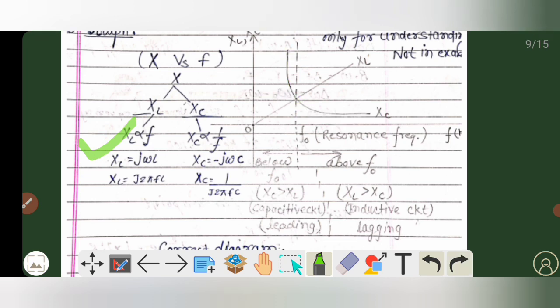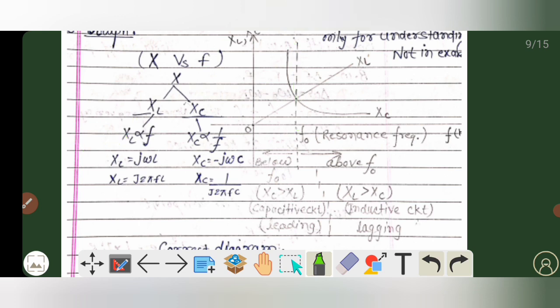Now my dear friends, from the intersection point, if we draw a line to cut the horizontal axis, then this point will be our resonance frequency, which is denoted by F naught.